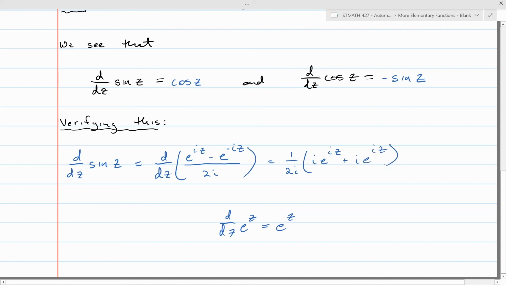Then you can bring that i out and cancel it with the one in the denominator, and you end up with 1/2 times e to the iz plus e to the negative iz, and that's just cosine of z, as advertised. And doing the derivative formula for cosine of z is just about as easy, so I'd encourage you to check that the derivative of cosine is negative sine of z.